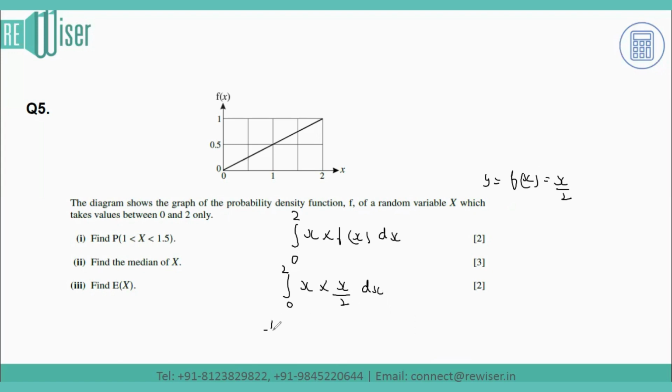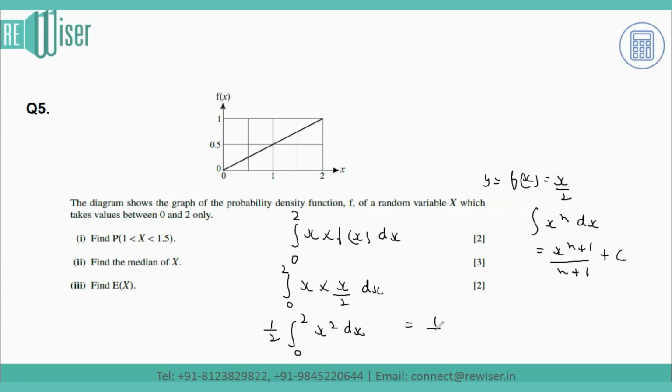I can take half outside the integral, ranging from 0 to 2, and I get x squared dx. Again, I use my power rule formula: x^(n+1)/(n+1) plus the integral constant c. This being a definite integral, we are not writing the integral constant c.